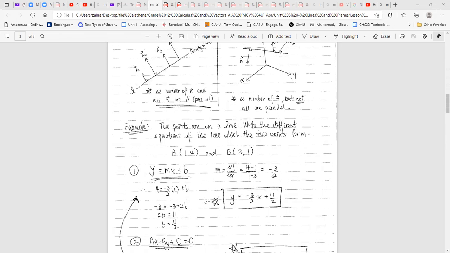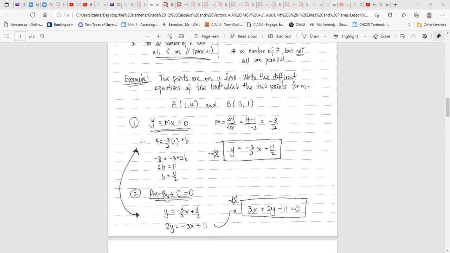So here is an example. Two points are on a line. Write the different equations of the line which the two points form. To find the slope and y-intercept form, you find the slope first: y2 minus y1, 4 minus 1, over x2 minus x1, 1 minus 3.